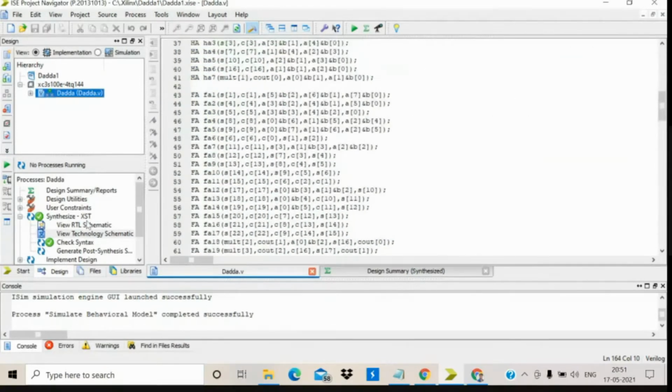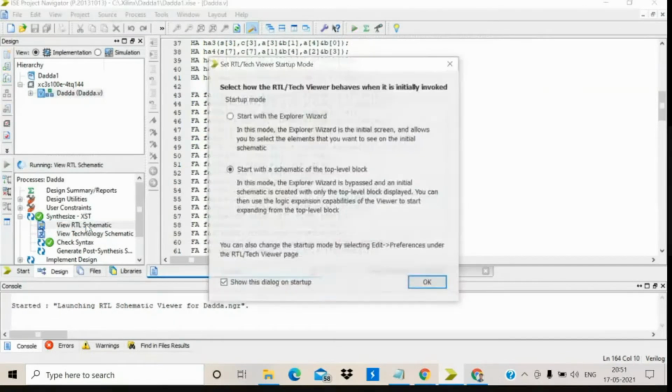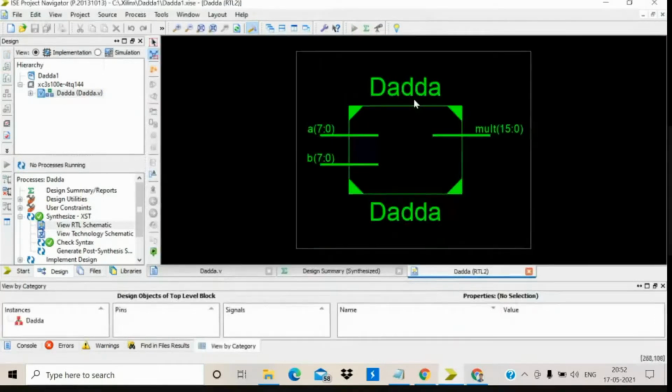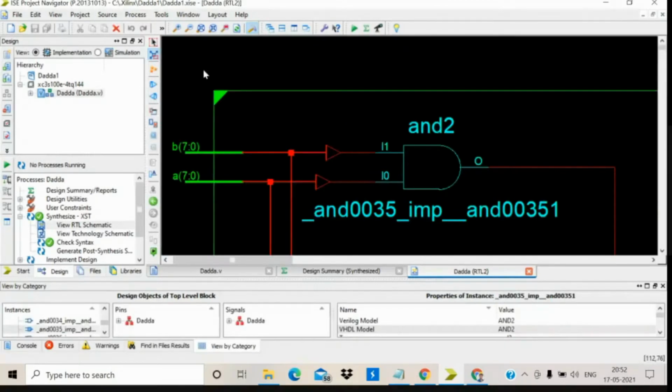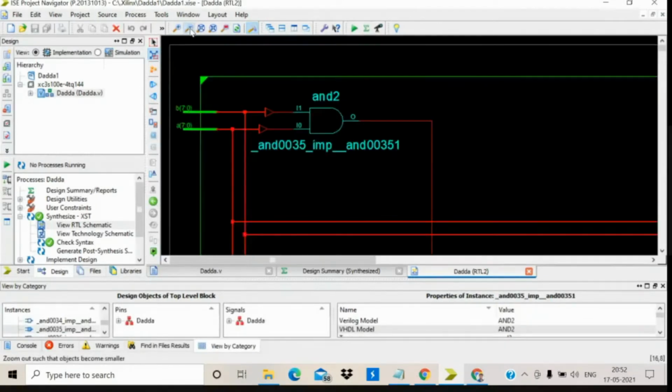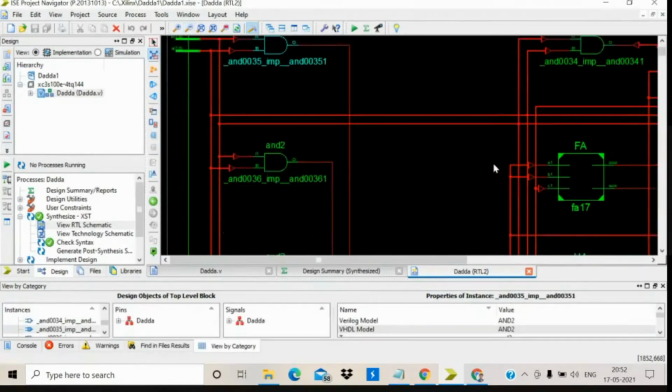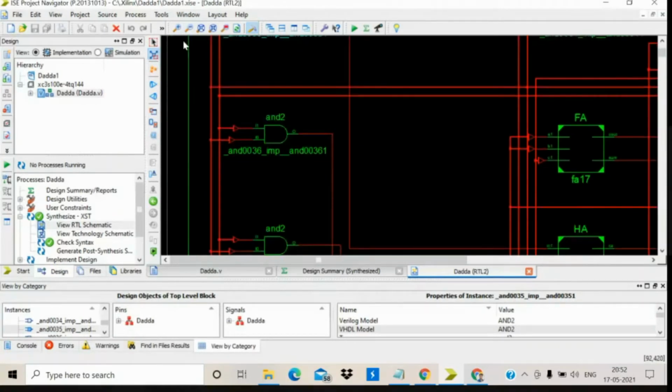After this, by checking the syntax, let us look into the RTL schematic. So this is the multiplier, guys. We are looking at the 8-bit here. The output is of 16 bits, that is from 0 to 15. So this is the inner part of this data multiplier.